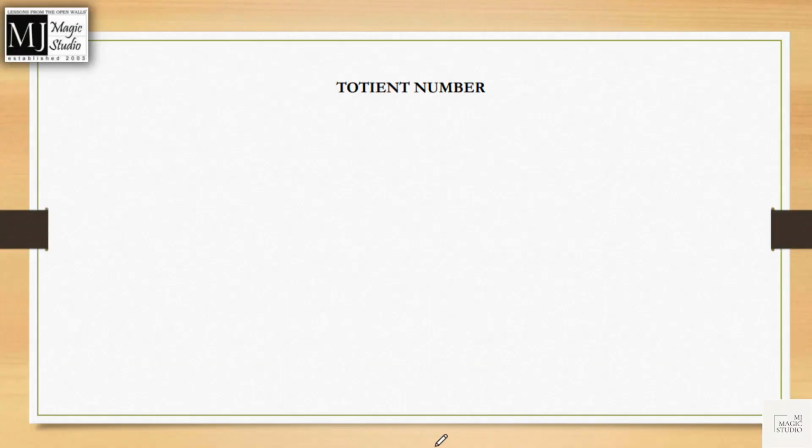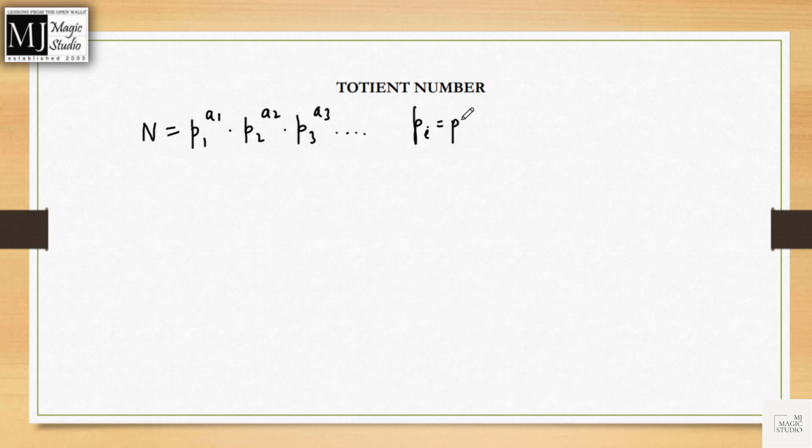Okay, let's begin the show by revising what are Totient numbers, because we would be requiring that when we would be taking up the first two remainder theorems. Now, let n be any natural number and its prime factorization is something like p1 to the power a1 into p2 to the power a2, p3 to the power a3, where p is nothing but a prime number.